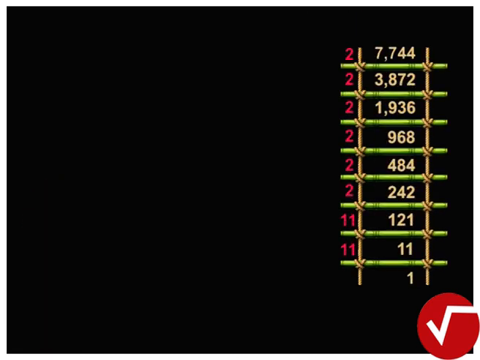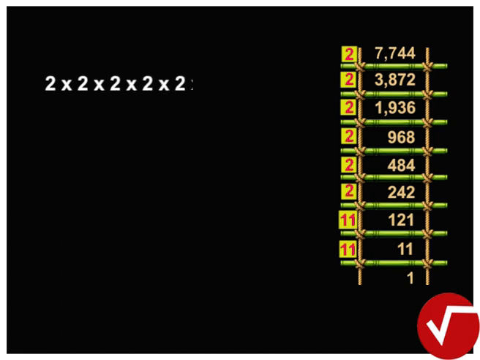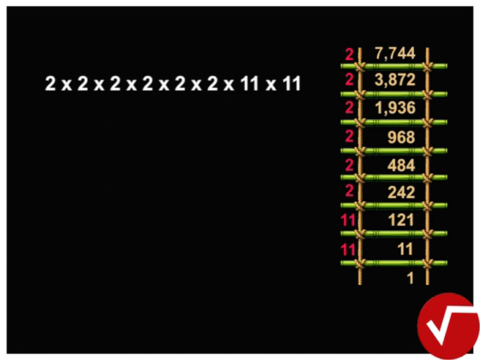In the next step, we will be listing down all the numbers we got on the left side of the ladder. These numbers are 6 times 2 and 2 times 11. We will make pairs of these numbers. In this case, we will get 4 pairs. 2 multiplied by 2 is the first pair. 2 multiplied by 2 is the second pair. Again, 2 multiplied by 2 is the third pair. And 11 multiplied by 11 is the fourth pair.